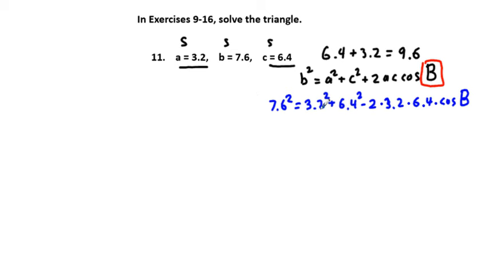Now, to isolate this B, the angle by itself, we're going to need to start moving stuff over. Well, the first thing we're going to do is take this 3.2 squared and subtract it from both sides of the equation, and also the 6.4 squared.